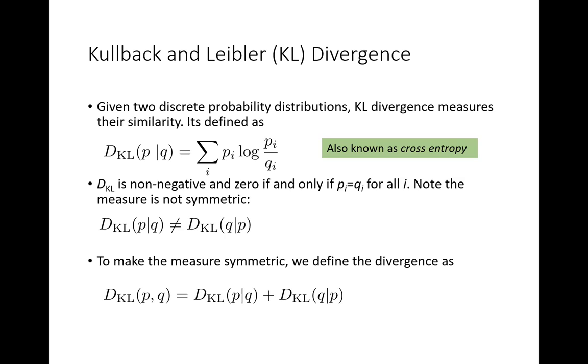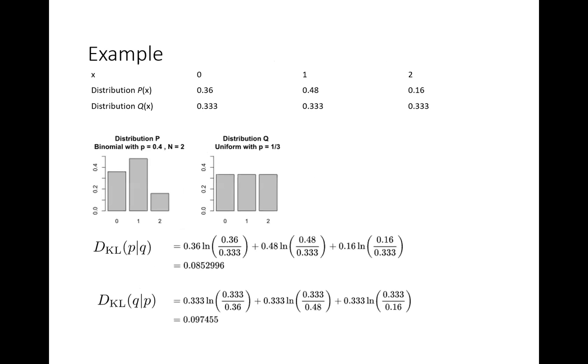Typically, we want P to Q or Q to P to give us a similar outcome. So what one can do is take the P to Q and Q to P formulas and add them up. That way, it doesn't matter whether you measure from P to Q or Q to P, you will end up with the same result. All right. So that is how we define Kullback-Leibler divergence. This is the formula for that in the case of discrete probabilities.